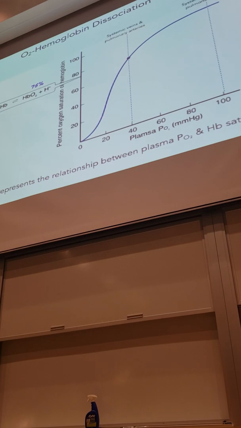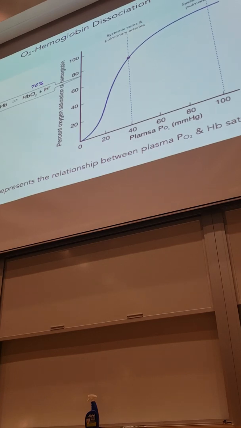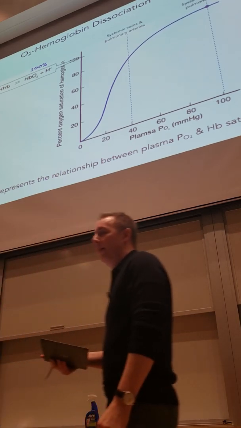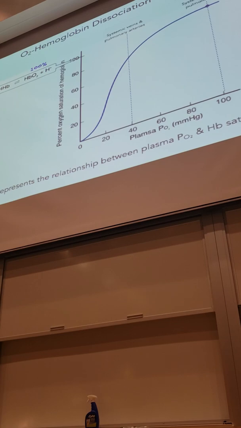And it's directly related to the amount of PO2 in the plasma. So the amount of oxygen bound to hemoglobin depends upon the plasma O2 value. And if we go up to a plasma O2 of 100-ish, we're going to have 100% saturation, and no deoxyhemoglobin.